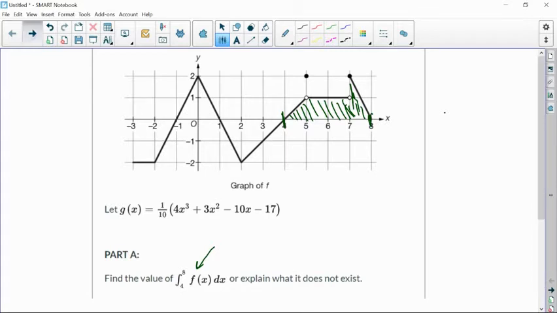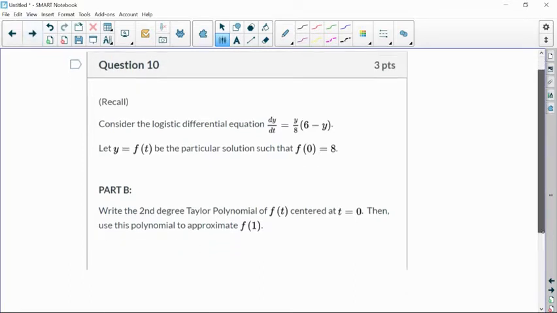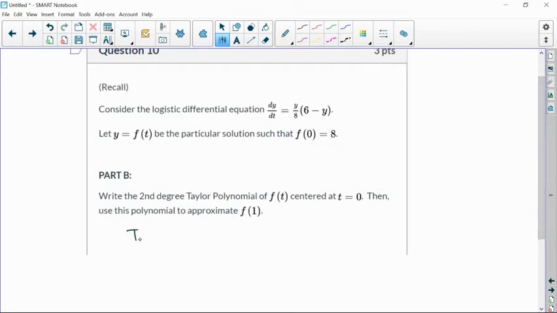Okay. The next question that a lot of students missed was when you're analyzing that logistic differential equation and trying to find a second degree Taylor polynomial. Remember our generic second degree Taylor polynomial formula. It's centered at 0, so technically it's a Maclaurin polynomial.